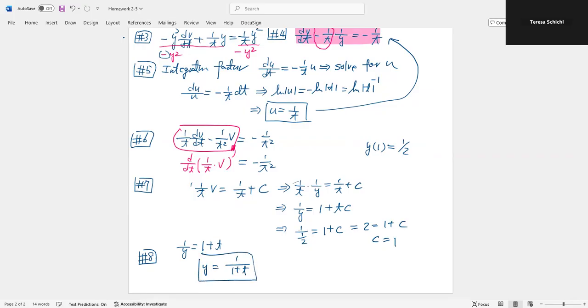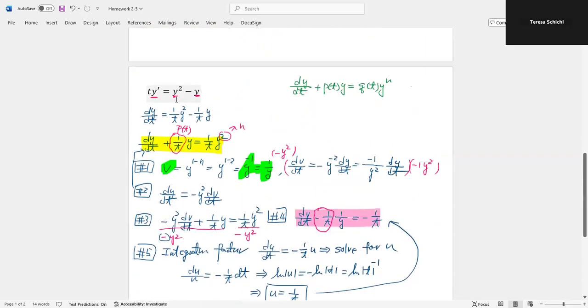That's it. So this problem is pretty easy, as long as you find that you can change it to a Bernoulli equation. Like I said, this is a perfect candidate, right? So you look at the y terms, like y prime, y squared, y.